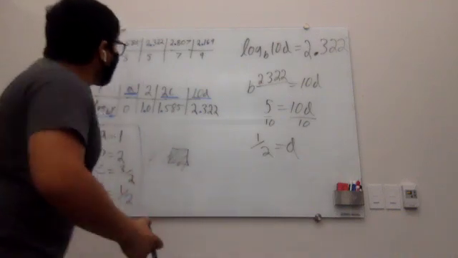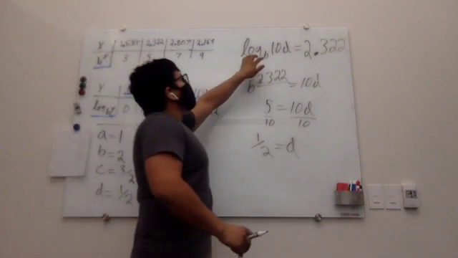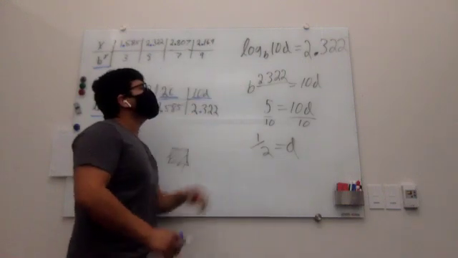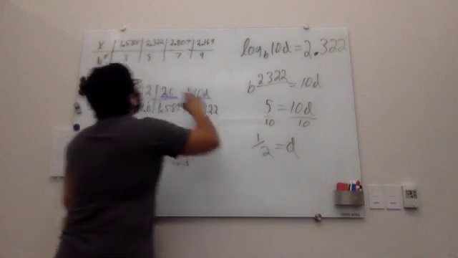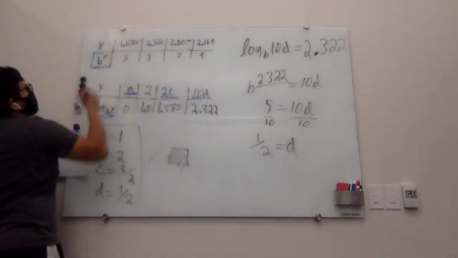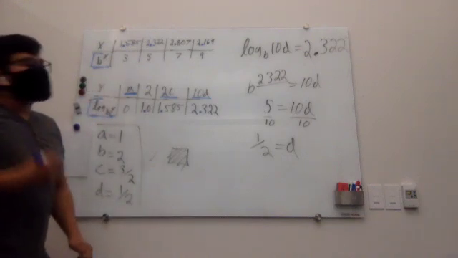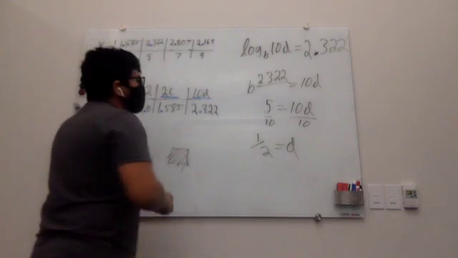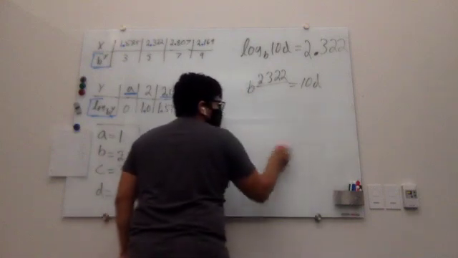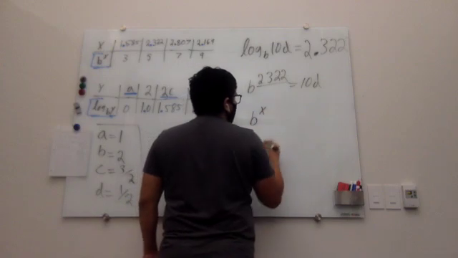We solved all of our variables right here just by knowing the relationship between logs and exponents, and how taking one table, knowing that this is an exponential function and this is a log function. The biggest thing with these two functions is that when we are looking at an exponential function and a log function, we need to make sure that our bases are the same.